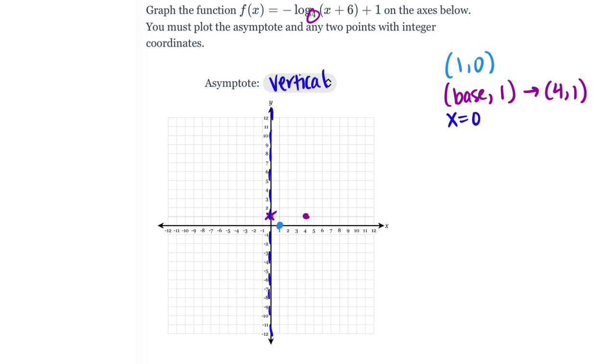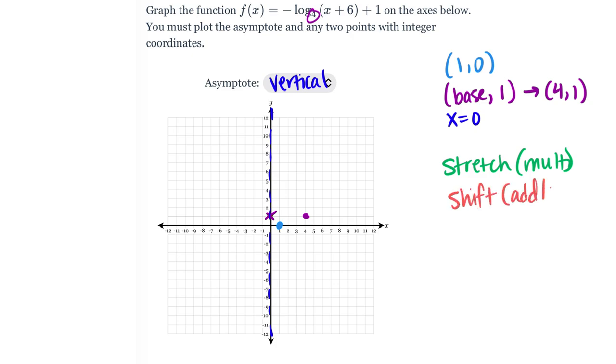After you get those first 2 points and asymptote in place, and again, it will always be 1 comma 0 and base comma 1 for a logarithmic function, then we're going to do our stretch, which is the multiplier first. And then we're going to end with our shift, which is any adding and subtracting.